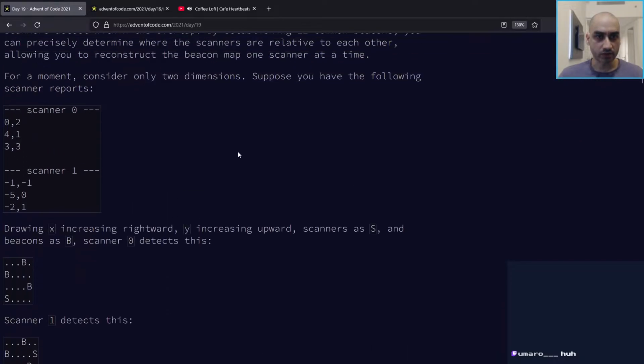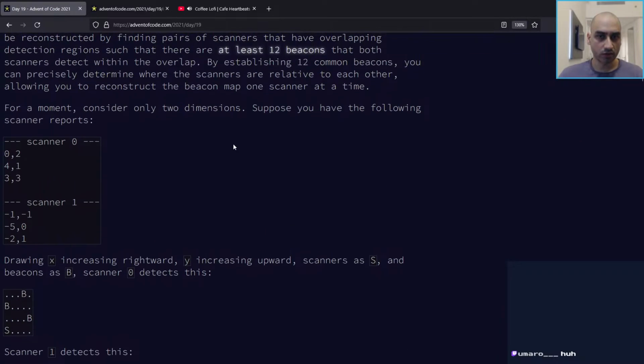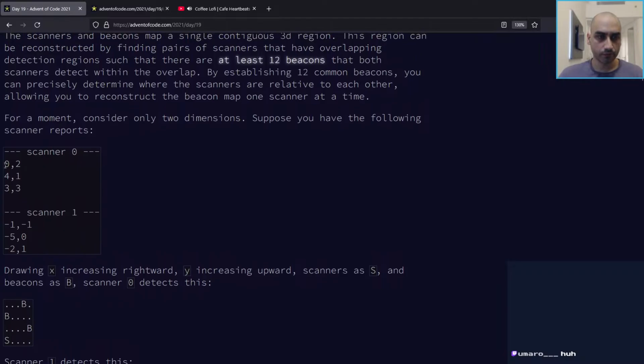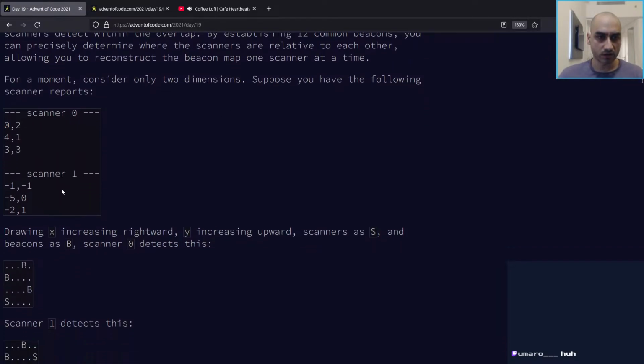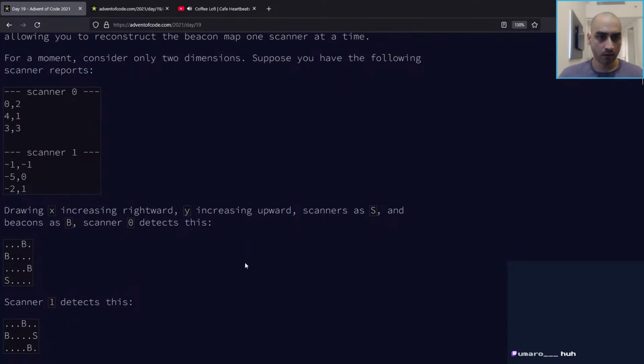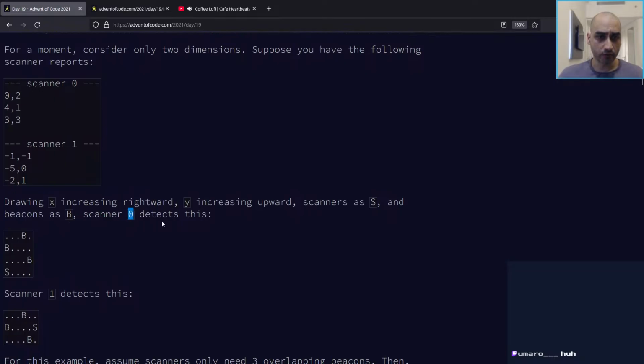Alright, so in 2 dimensions, we have this. Scanner 0 sees it like this.